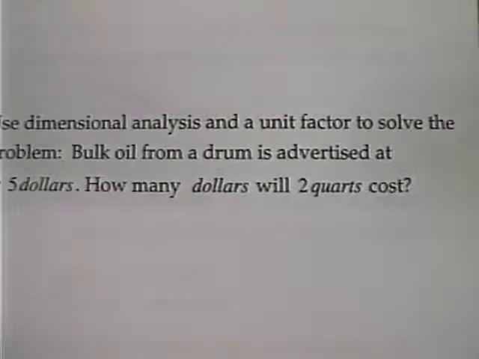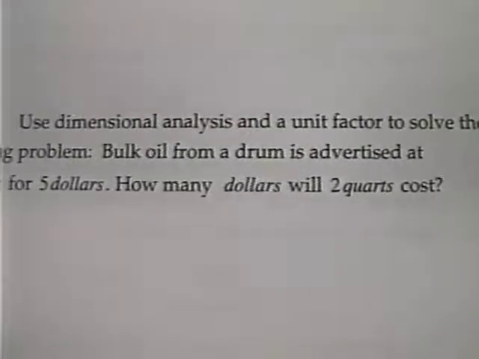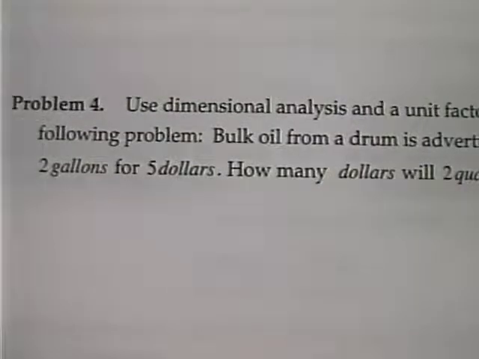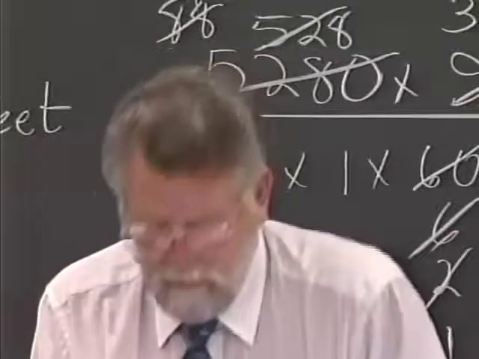So we start with, on the top, $1 over? 2 quarts? Well, that's a question. We have 2 gallons for $5. Doesn't that give you a fraction you can start on if you want dollars at the end? So $5 over 2 gallons is my start. And that's as much as I'll say on the solution.